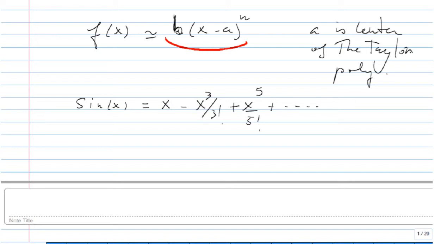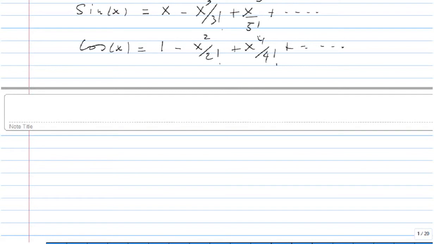For any x, this series is convergent, and the sum is sine x. And for cosine x, similarly, same idea. The radius of convergence is plus infinity, and this is 1 minus x squared over 2 factorial plus x to the 4 over 4 factorial, etc. So now we need to have cosine of x squared.